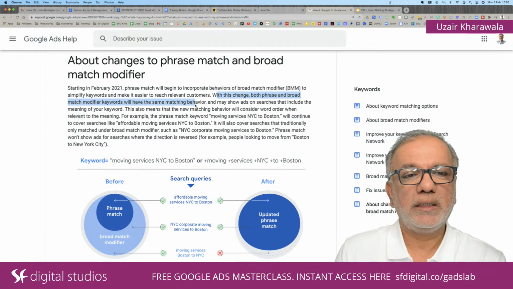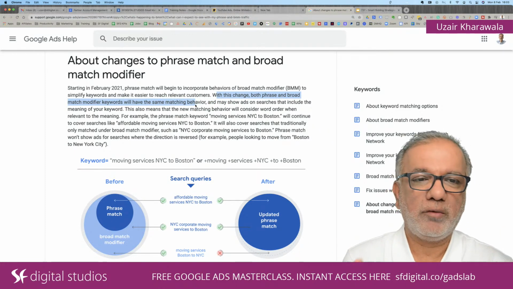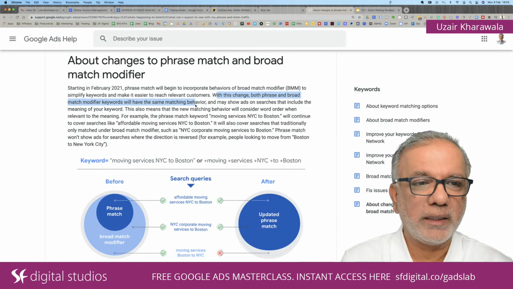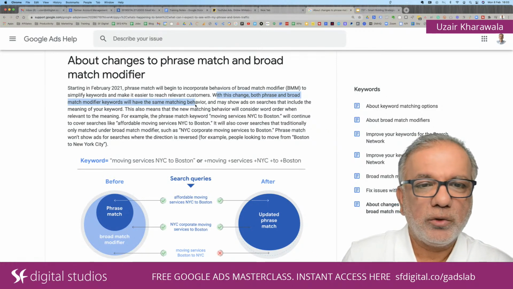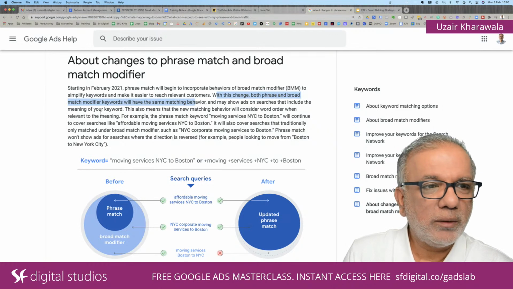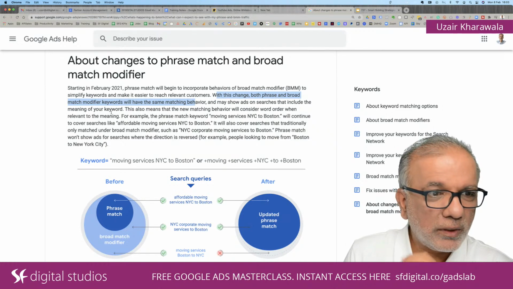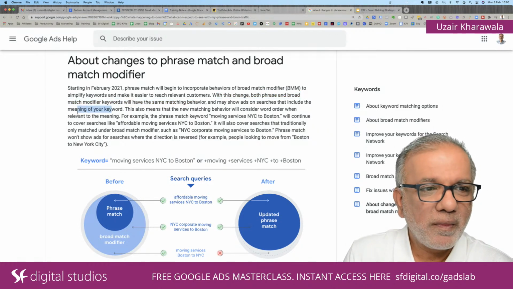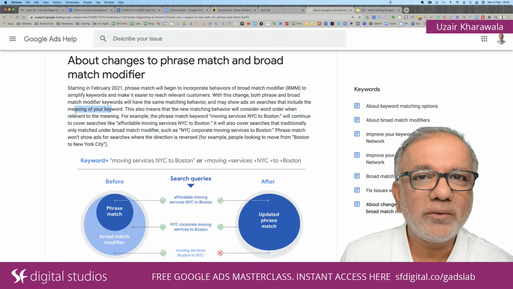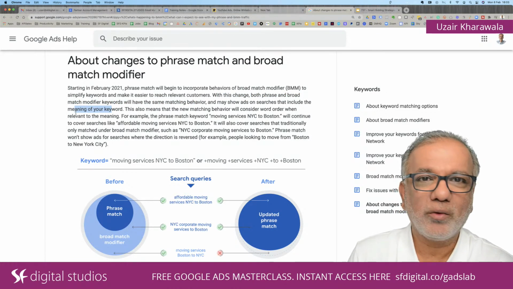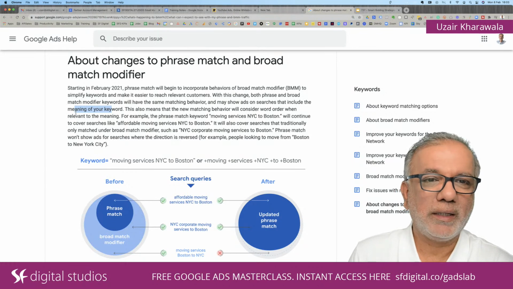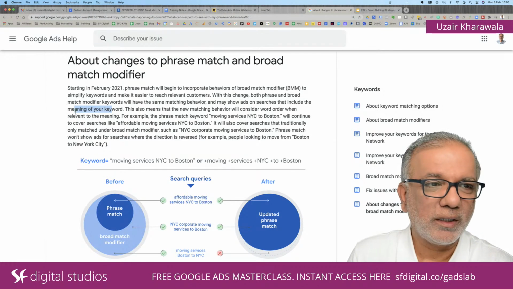So what they're saying is the BMM and the phrase are being put together, and may show ads on searches that include the meaning of your keyword. As long as it is showing our ads to relevant search terms, I don't mind whether we have phrase match or broad modified.